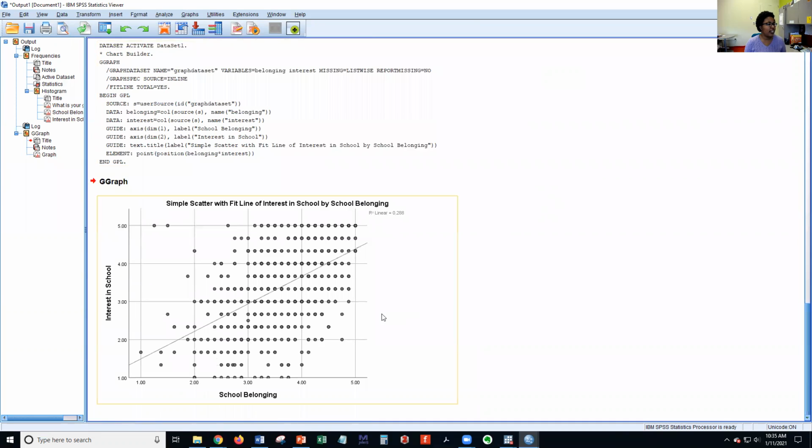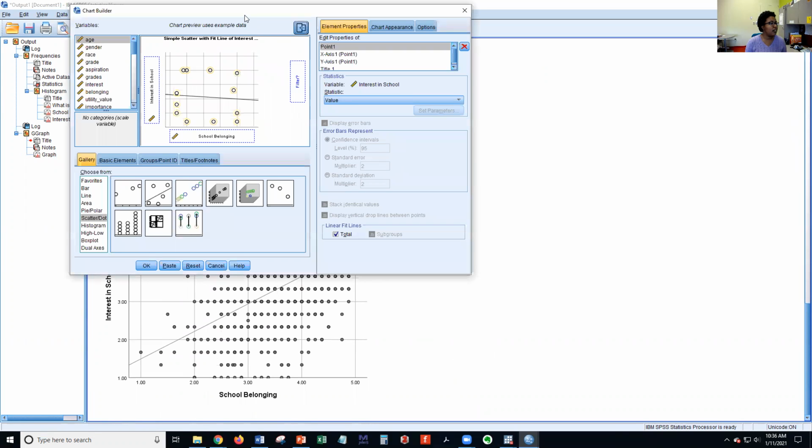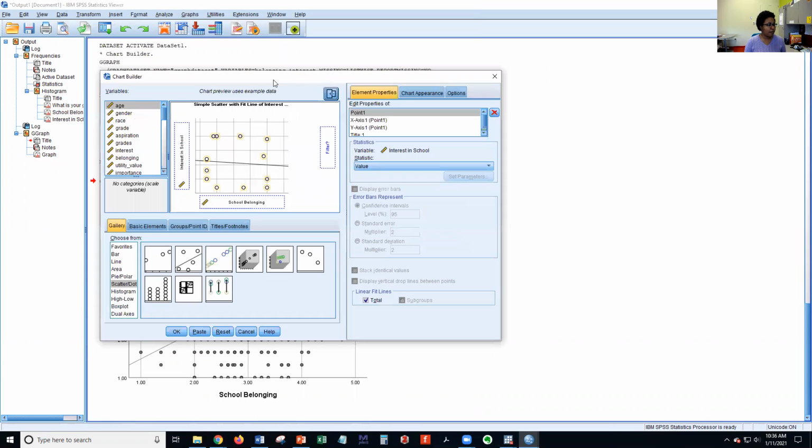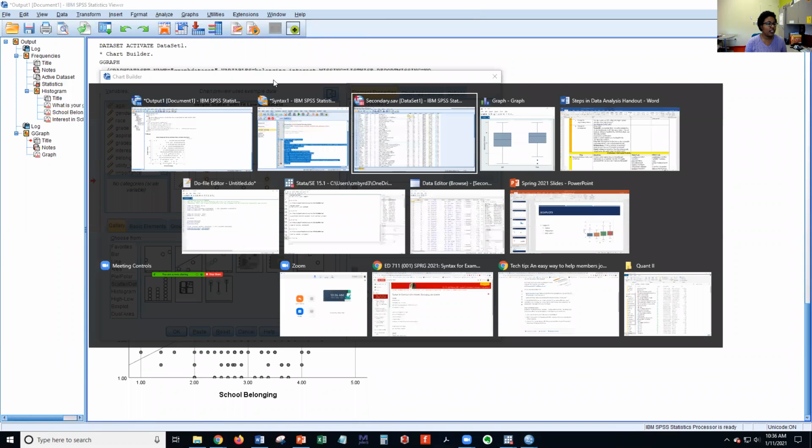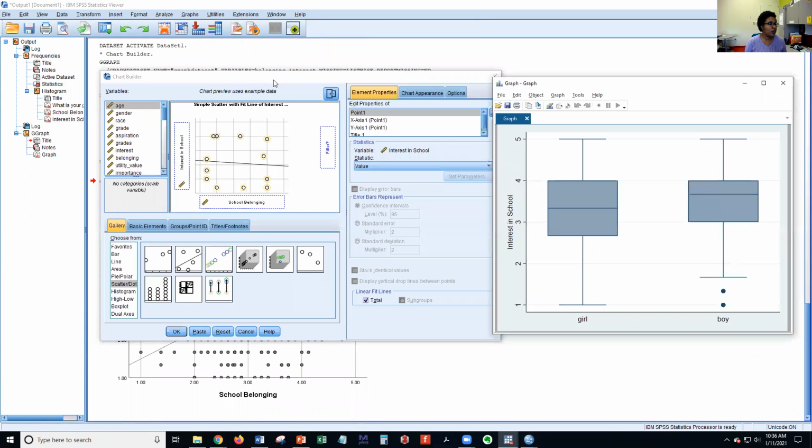So there's that scatter plot. So you can see it looks very similar to what we saw in Stata. There's our fit line. We're seeing support for our hypothesis. We're seeing everyone kind of grouped up over in this top corner over here. If you wanted to run those box plots, like so, then we're going to reset this.